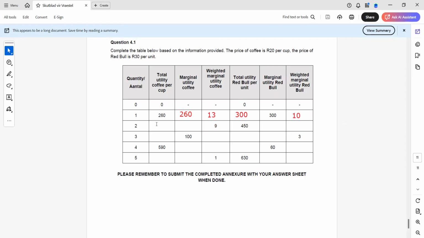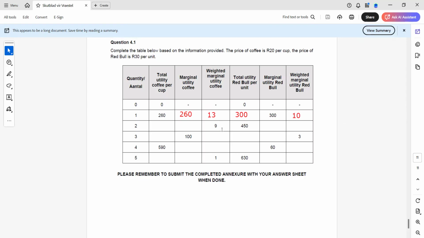And then in the second row, you can see that here we're only given the weighted marginal utility for coffee, right? So now we have to get the marginal utility as well as the total utility. But you know that to get your weighted marginal utility, you said marginal utility divided by 20, and then you got 9.